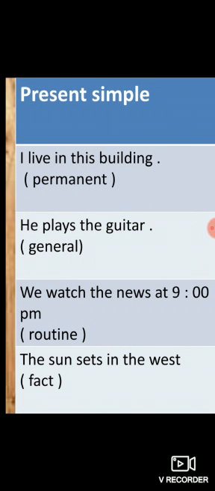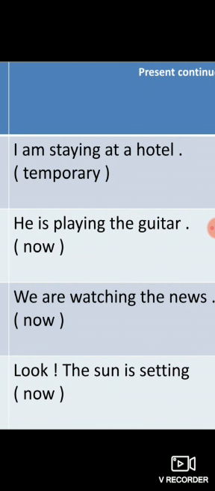So we use the present simple tense, I live, in the present. Okay? But in the present continuous, let's see this sentence. Let's read it. I am staying at a hotel. This is something temporary. It's not all the time, just only for some time.